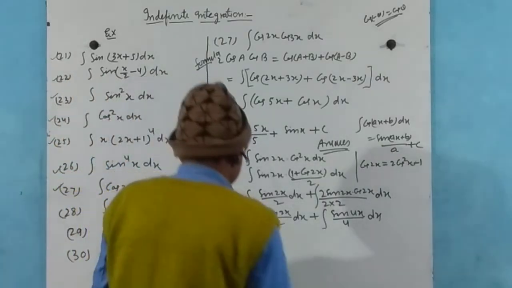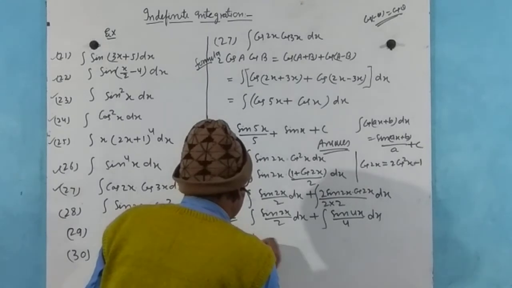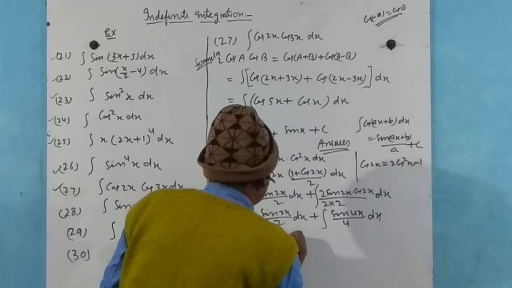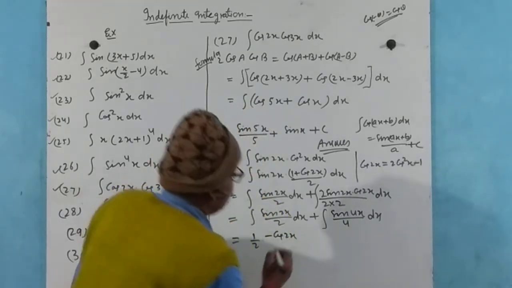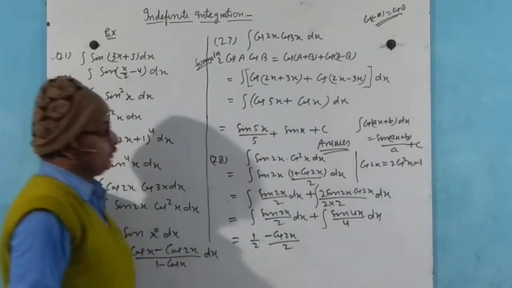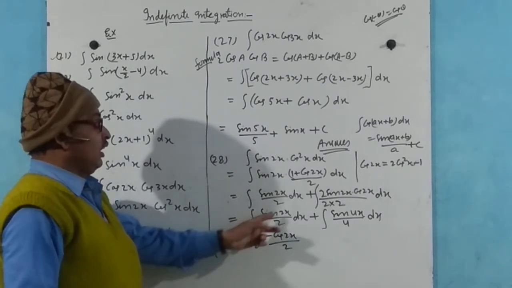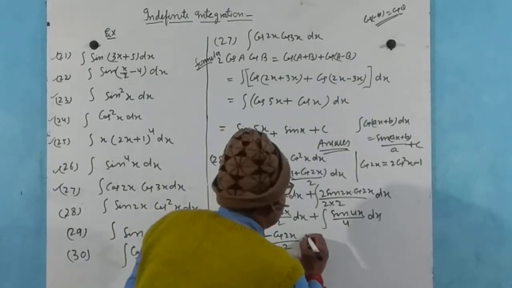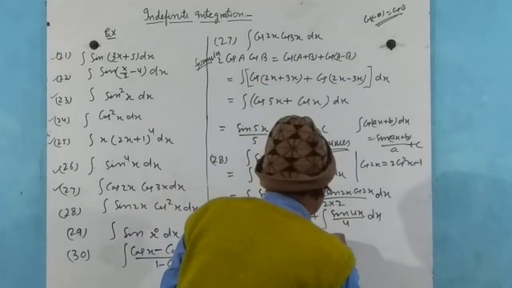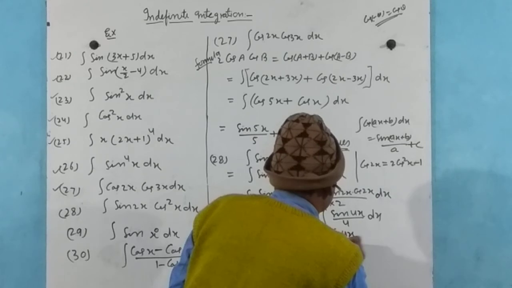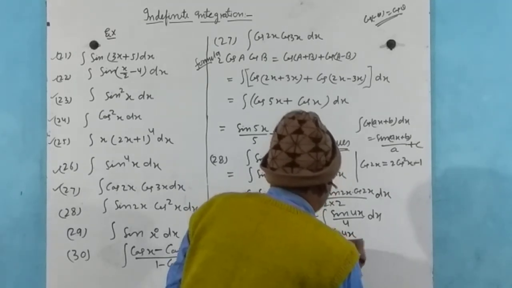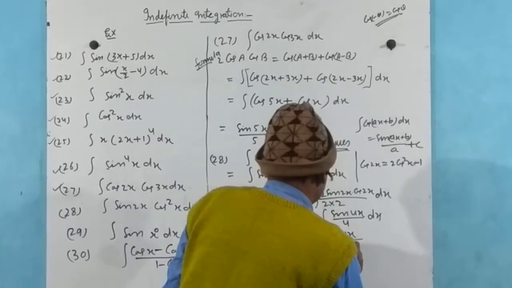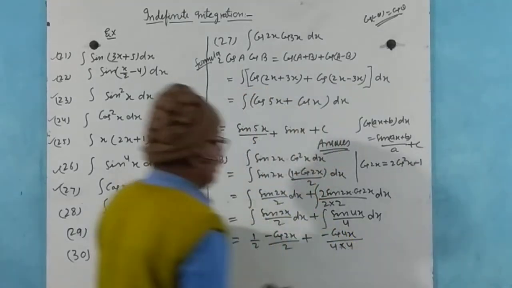So this is 1 by 2, and for sin 2x, a is 2, minus cos 2x divided by 2, plus sin 4x, minus cos 4x divided by 4, and 4 also comes here.